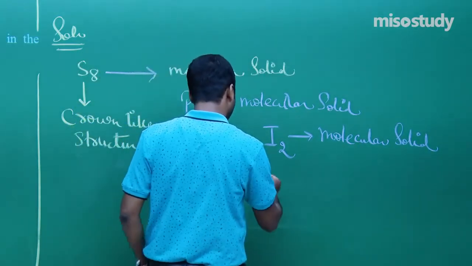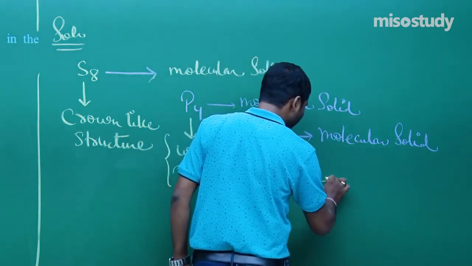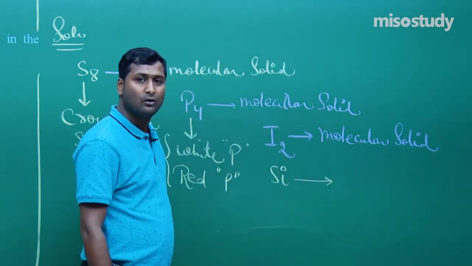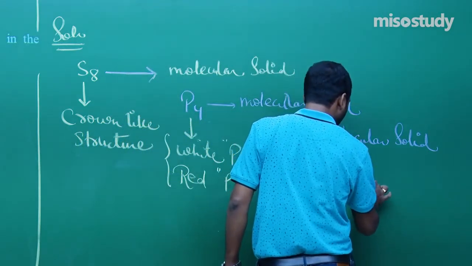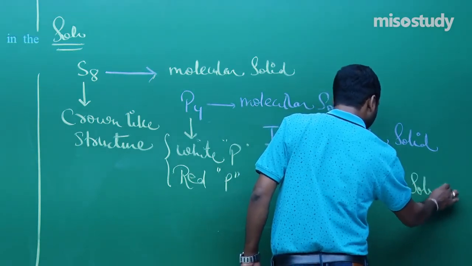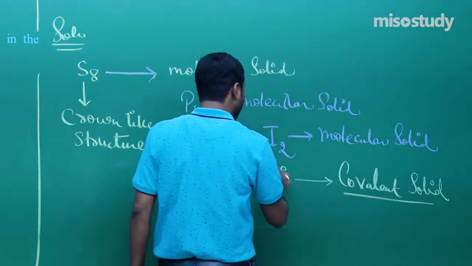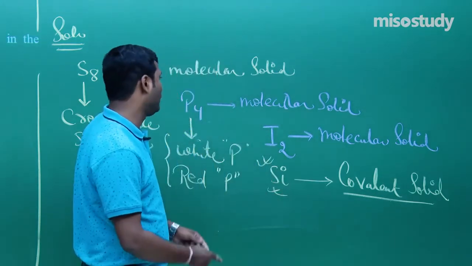If I talk about silicon, then we all know it exists as a covalent network structure, that is, it is a covalent solid. Clear? This one is covalent, similar to a diamond like structure. Okay, this is a covalent solid.